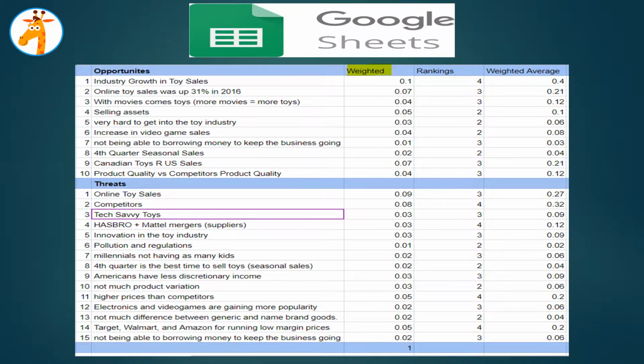This was to determine how important each issue was. Next, we had to assign a rating between 1 to 4 to indicate how our firm's current strategy is addressing each opportunity and threat. I'm going to talk specifically about Toys R Us's most important opportunities and threats.